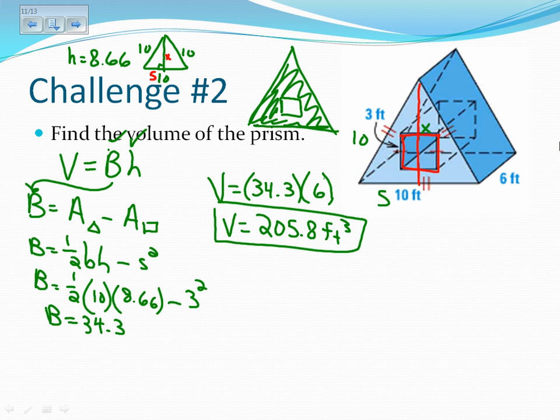Find the volume of the whole triangular prism, and then subtract the volume of the square prism. Does that make sense? Yeah. So you could completely ignore the square from the start, find the volume of the whole triangular prism, minus the volume of the whole square prism. Okay? That would be fine as well.